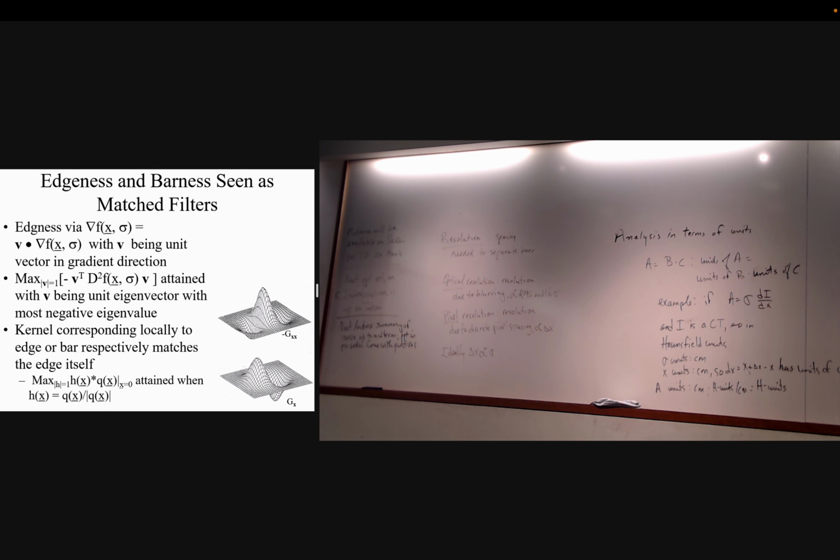And this has to do with the notion that to get a response to a particular property, we want a filter that is as close as possible matched to the entity we're trying to detect. And so the first derivative operator has an edge, and an edge at some slope.